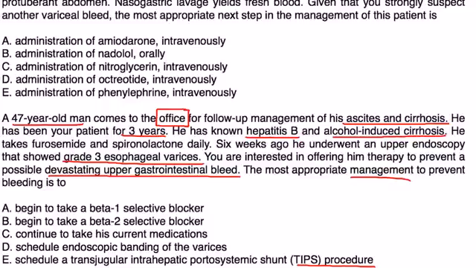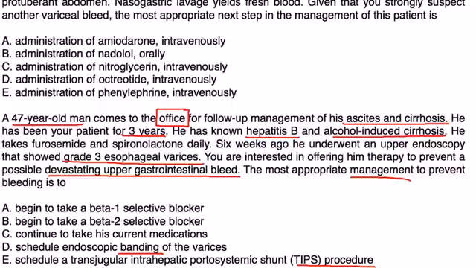Of those, the most appropriate recommendation would be this banding, where you would put essentially a rubber band around the varices, and that will allow you essentially to prevent them from rupturing.